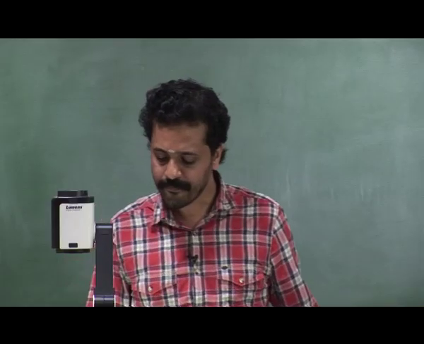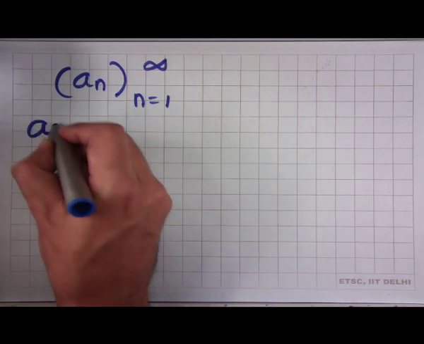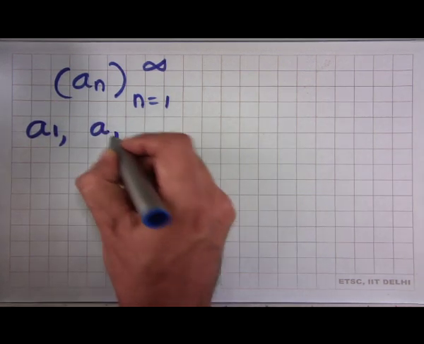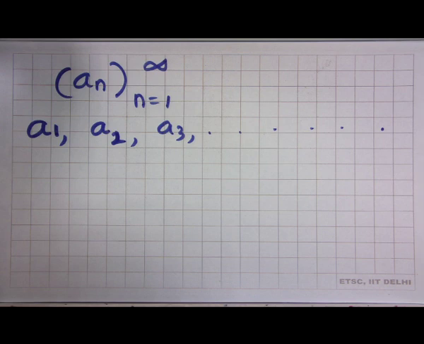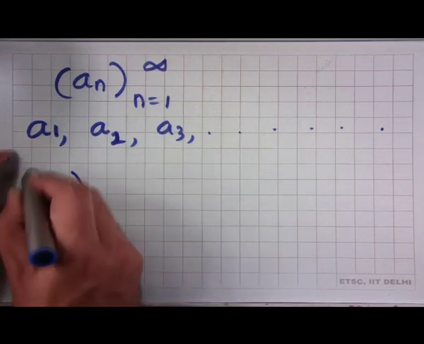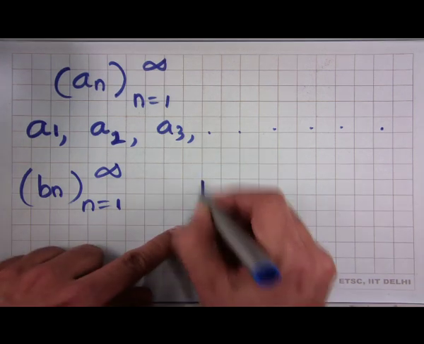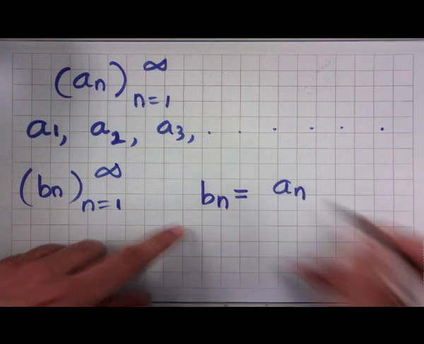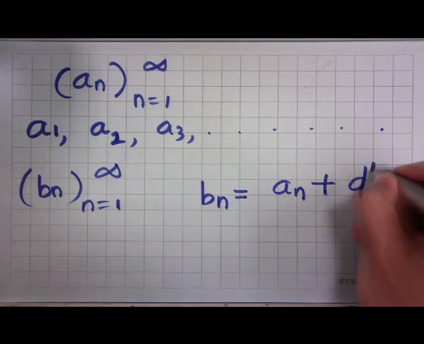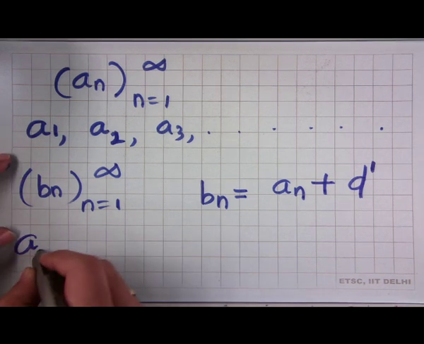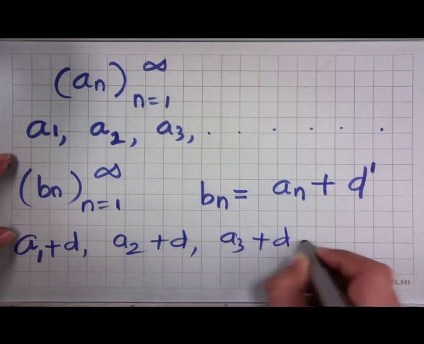That is, if we are given an arithmetic progression an, n equal to 1 to infinity, in expanded form a1, a2, a3 and so on, we construct a new sequence bn. How do we do that? bn is the nth term in the given sequence plus d dash. That is, we consider a1 plus d dash, a2 plus d dash, a3 plus d dash and so on.